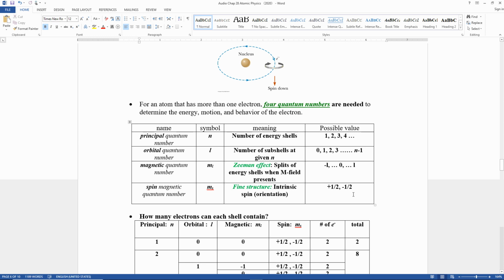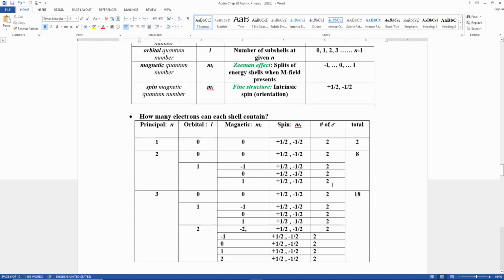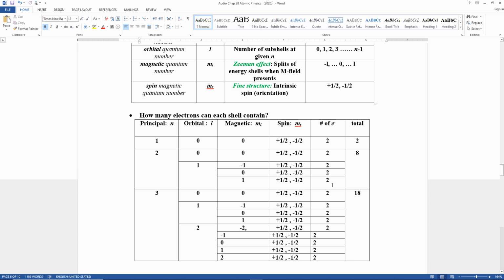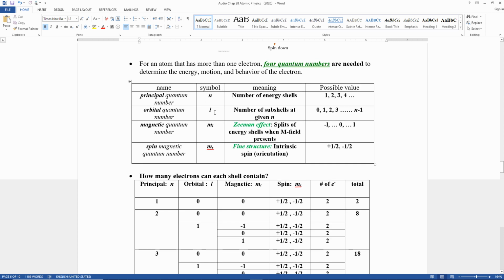Because every electron needs to have a different quantum number, every electron has n, l, m_l, m_s, 4 quantum numbers. At least one number must be different from other electrons in the same atom. You cannot have two electrons that have the same quantum numbers.